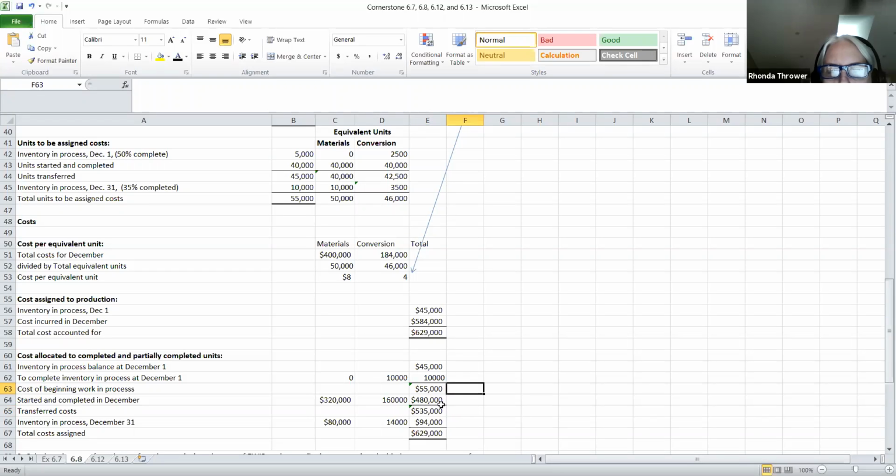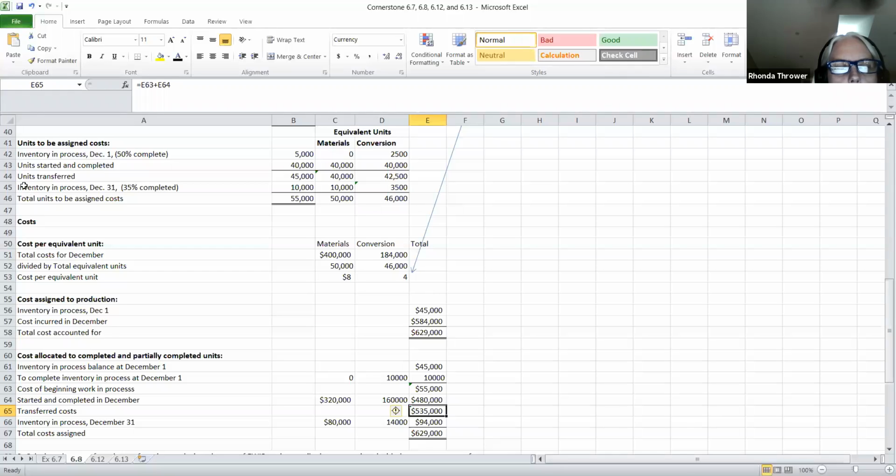And this was my total for my started and completed units, 480,000. Add the two together, that gives you 535,000. That's what you transferred out. This is what would come out of the work in process ledger account on the credit side. This is the amount that we would have transferred out of work in process.